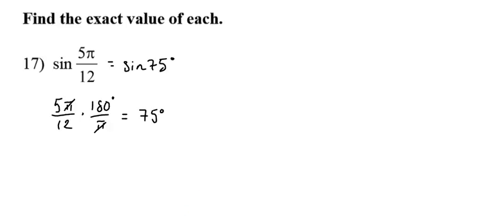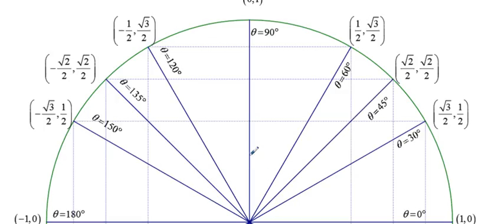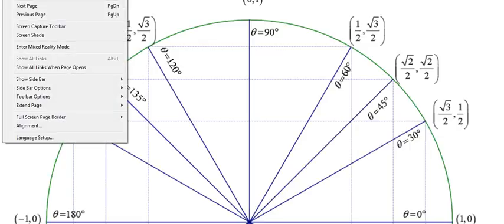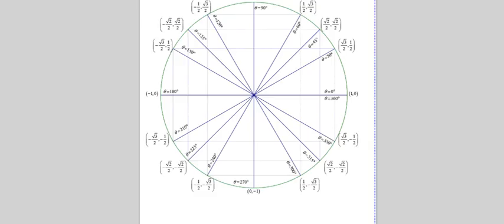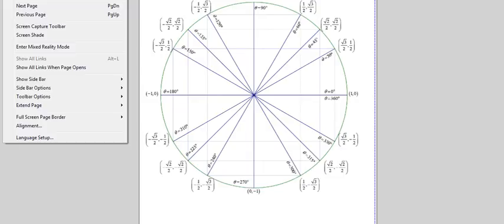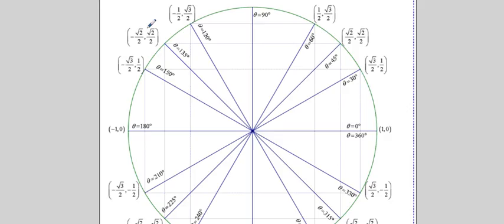So let's go to our unit circle and take a look at it for just a minute here. Okay, we can't see the whole thing, but this is good enough.